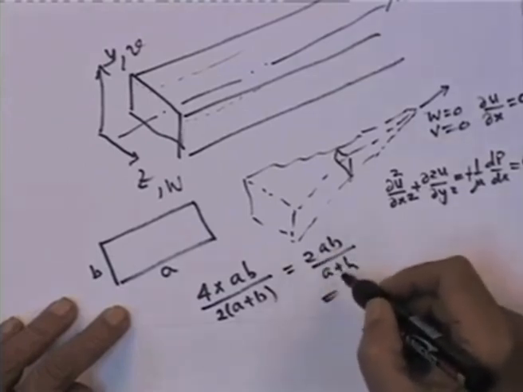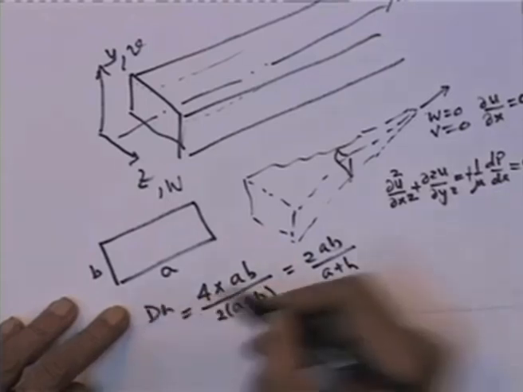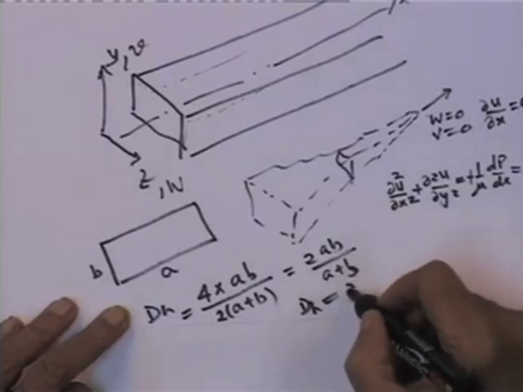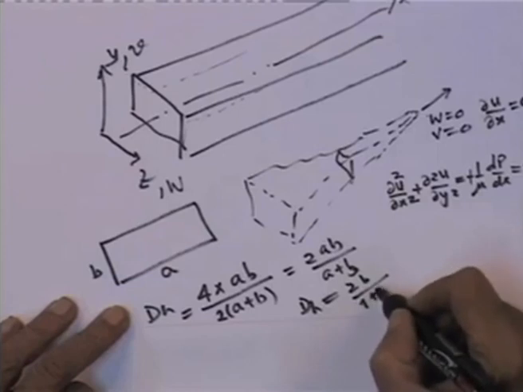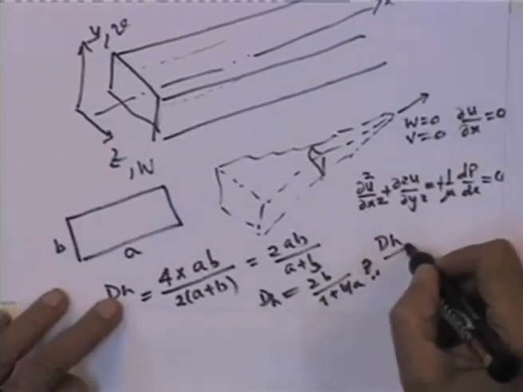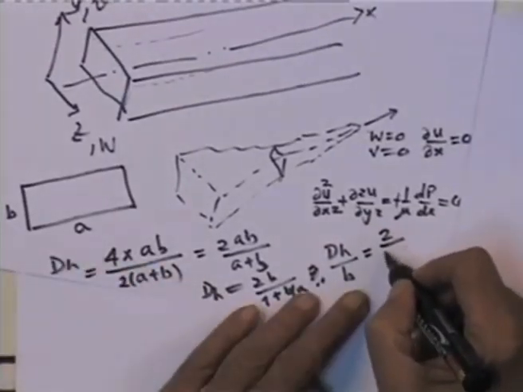If I divide this by a, I get 2b divided by (1 plus b by a). So d_h by b will be equal to 2 divided by (1 plus gamma). That is what I have shown here, where gamma is b by a, the aspect ratio.